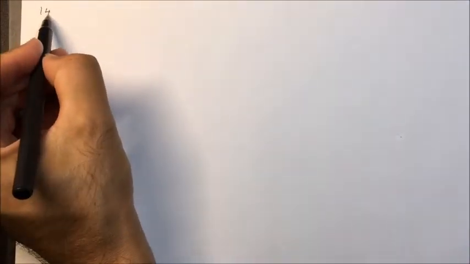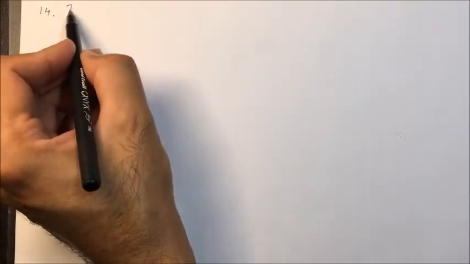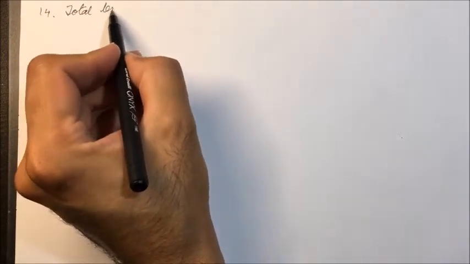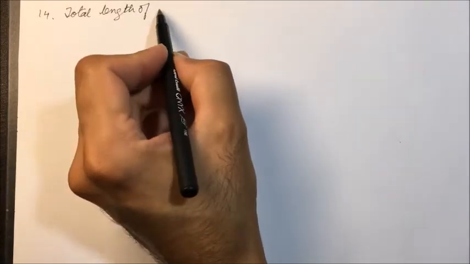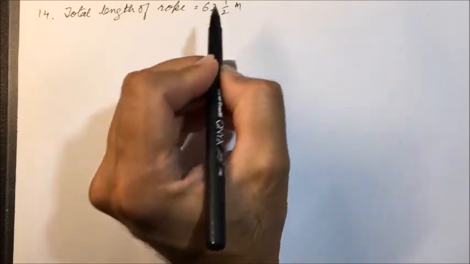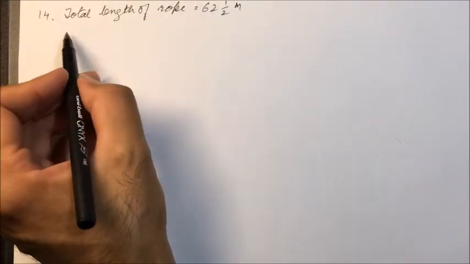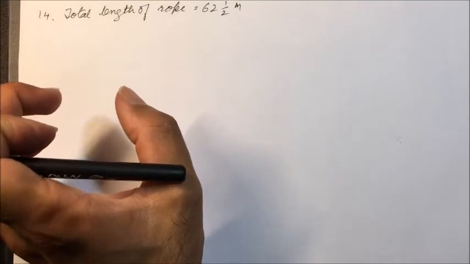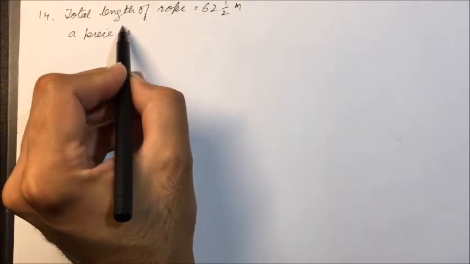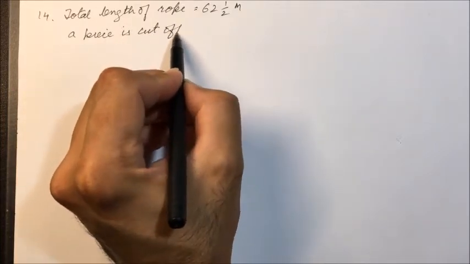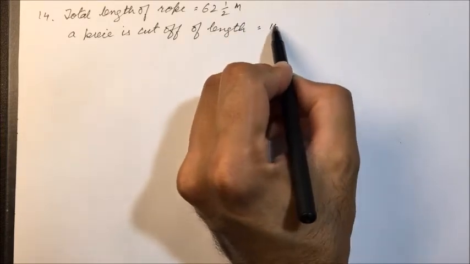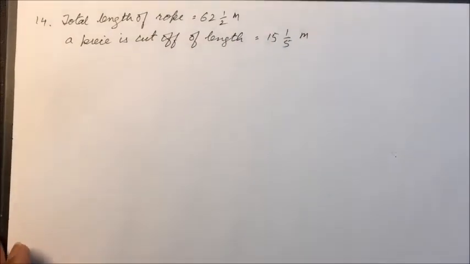So in question 14, the total length of the rope is given, length of rope, it is 62 1 by 2 meter, and a piece of length 15 1 by 5 meters is cut off.